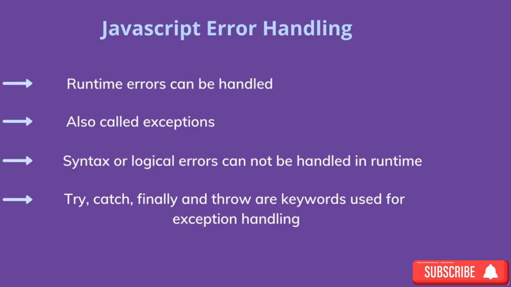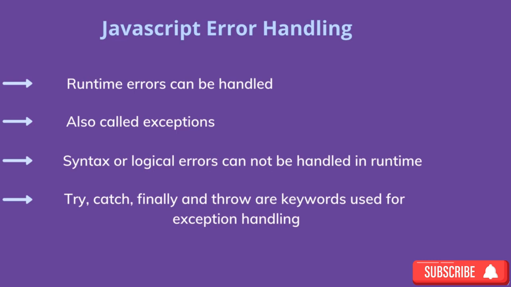But if it doesn't raise any exception, the catch will not function. If I want to manually raise an exception, I can use the throw keyword. And similarly, I have a finally keyword which will run its statements even though the exceptions are not handled.